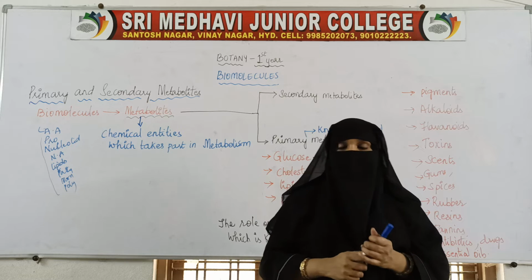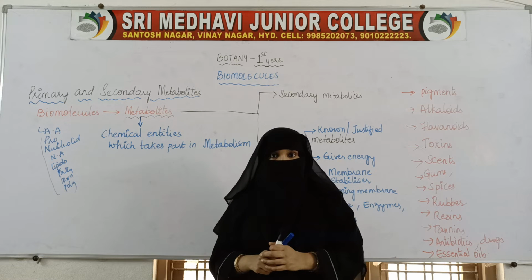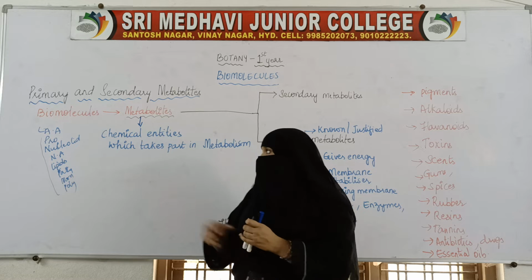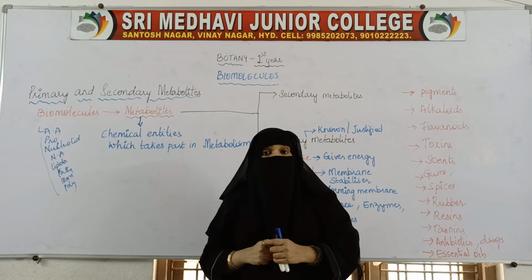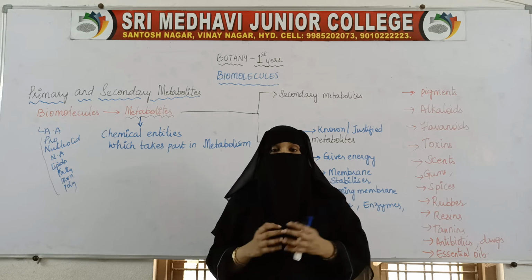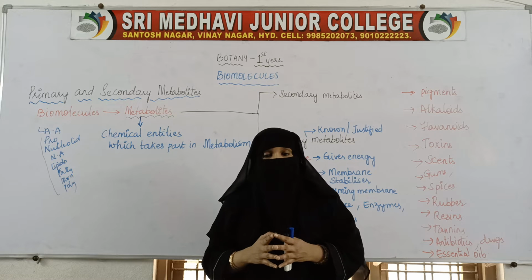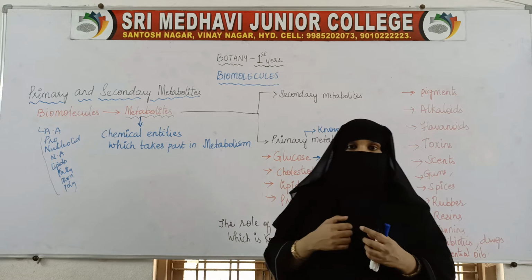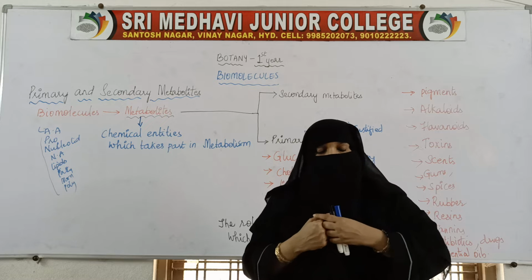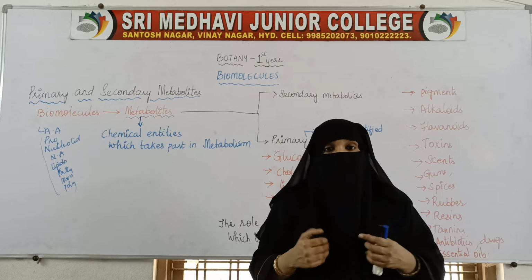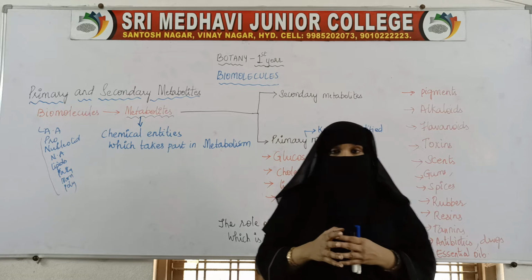Now why are they called metabolites? Simple, it is in the word itself. They are called metabolites because they help in the metabolism of our body. These proteins, amino acids, nucleic acids, nucleotides, carbohydrates, they help in the metabolic reactions which take place inside the bodies of living organisms.